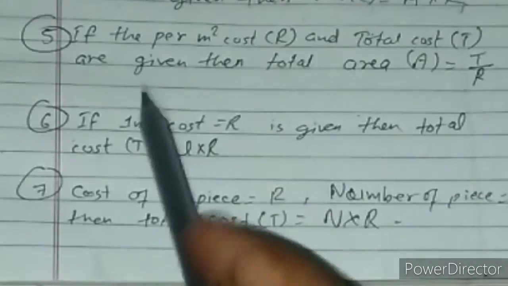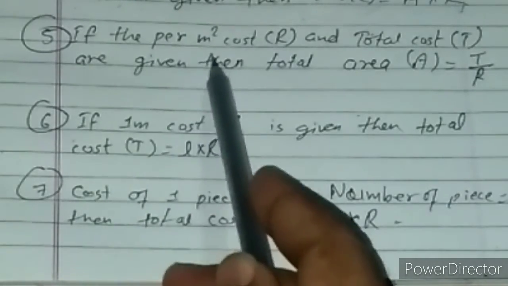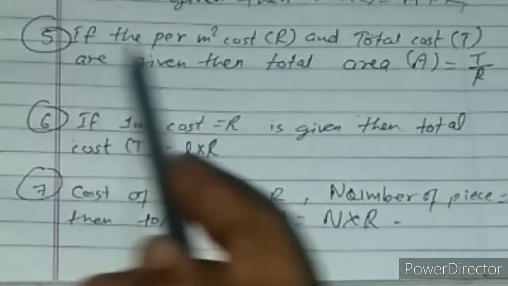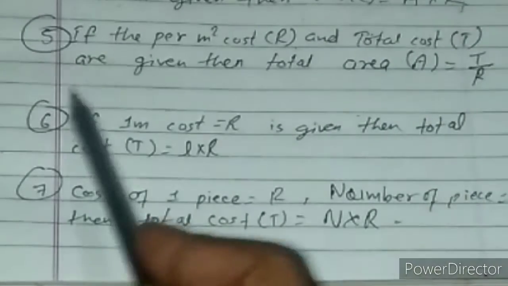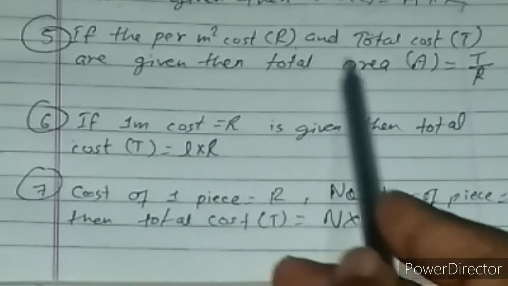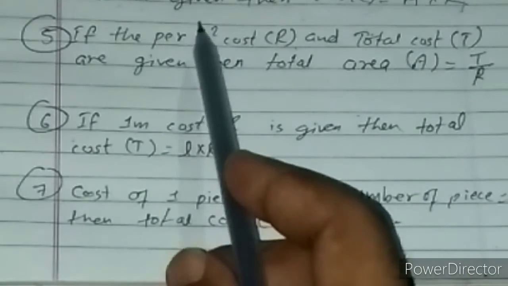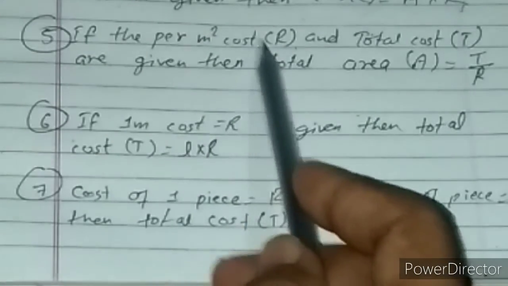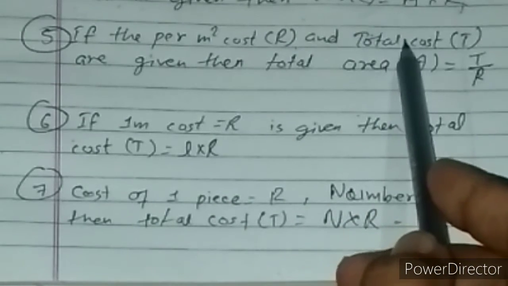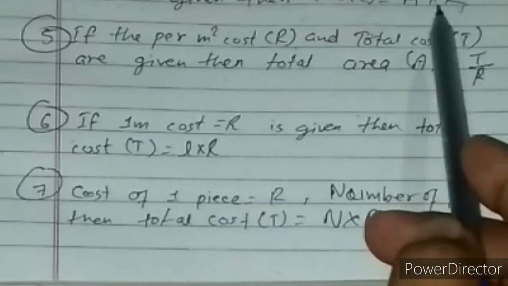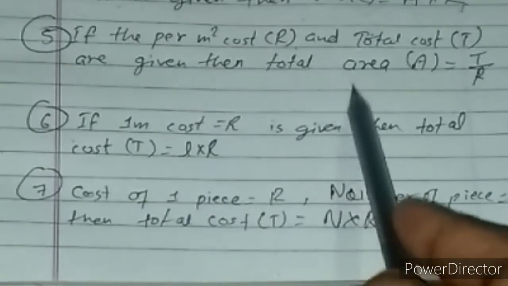Same as that, if the per meter square cost, that means rate, is given R, and total cost is T, then the total area: like the rate of carpeting is 500 per meter square and total cost is 2000, then what will be the area?